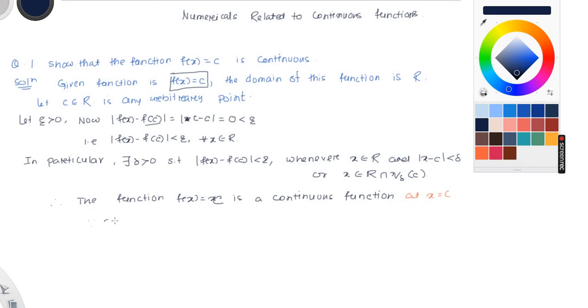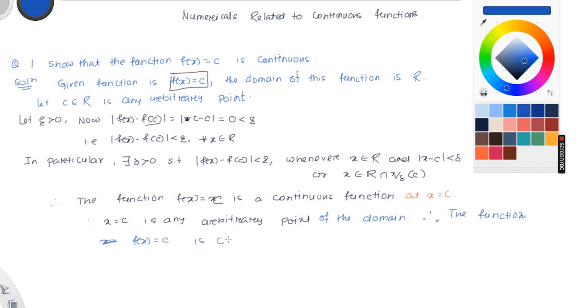Now see, since x equal to c is any arbitrary point of the domain, therefore the function f of x equal to c is continuous at the entire domain.